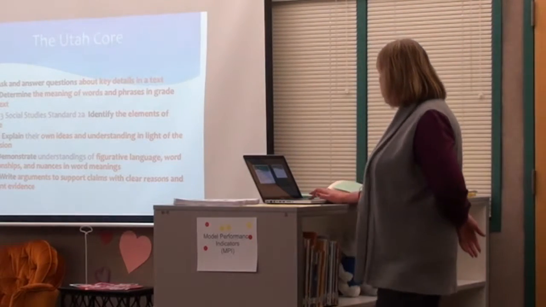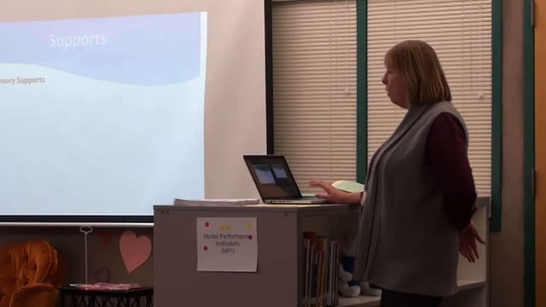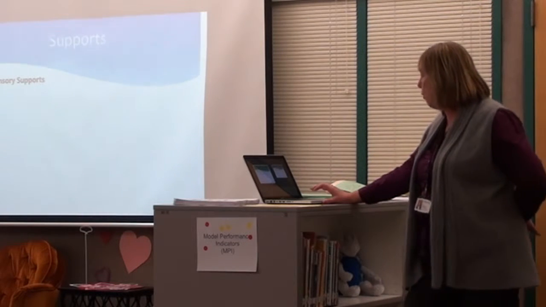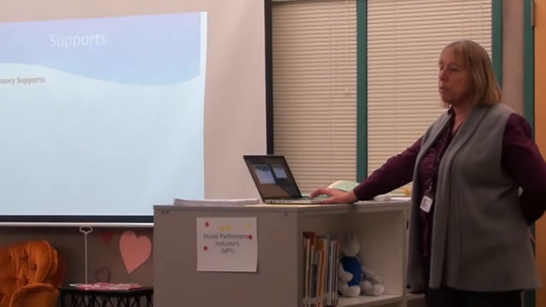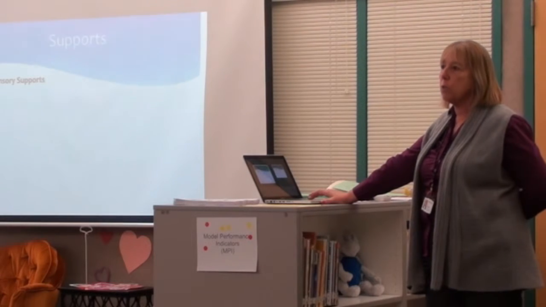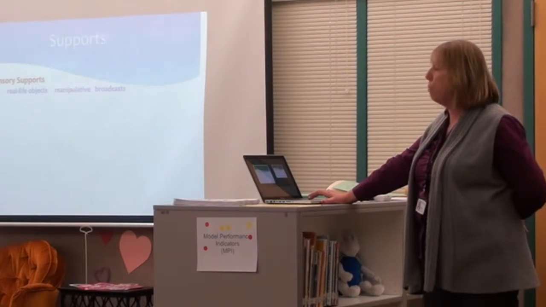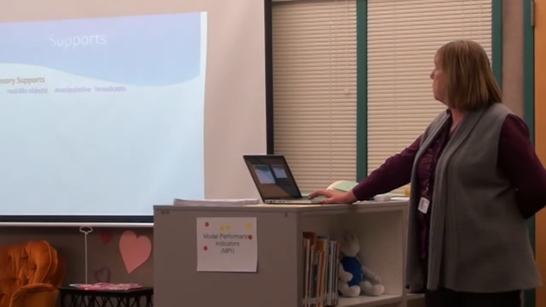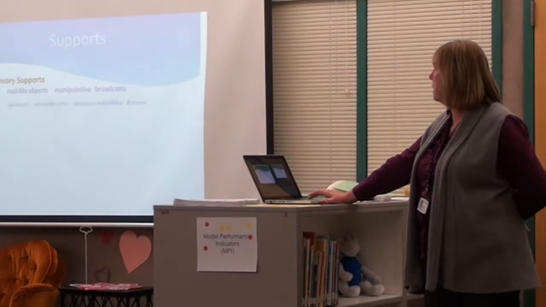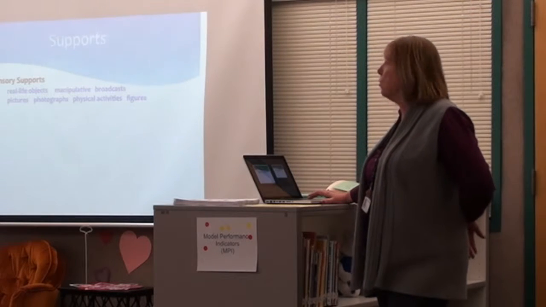Now we're going to move into supports. And the supports are, there's 3 supports: sensory, graphic, and interactive. And the supports are probably the easiest part to write in a model performance indicator. And notice that I put them all in blue. Real life objects, manipulatives, pictures, photographs, physical activities, figures.